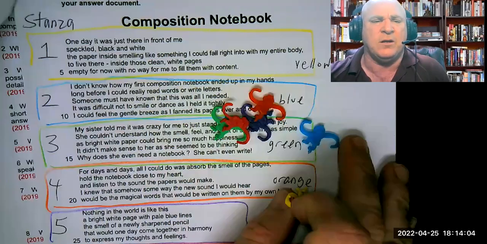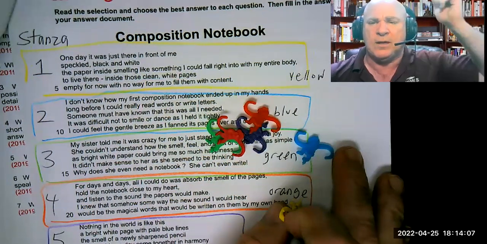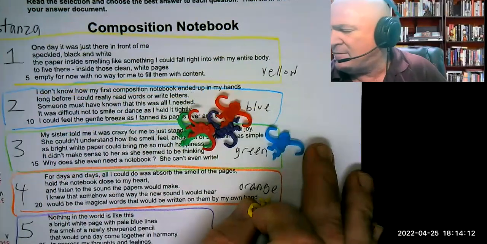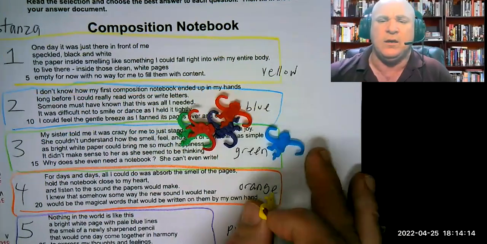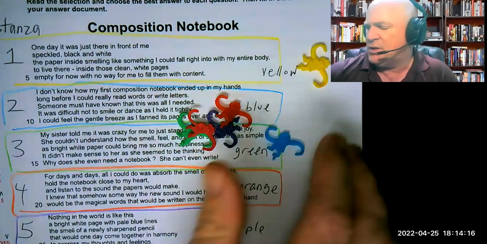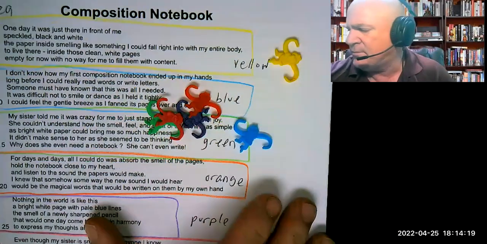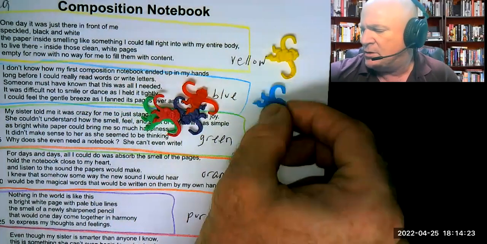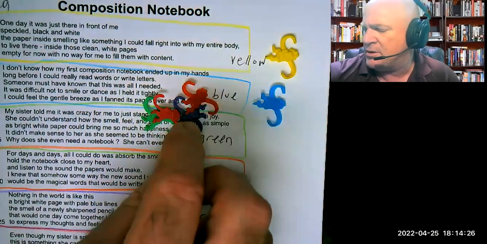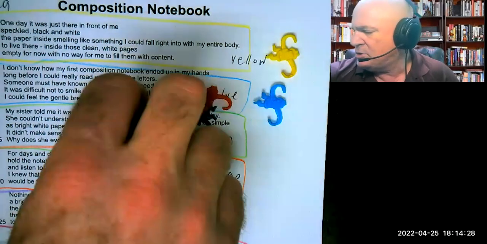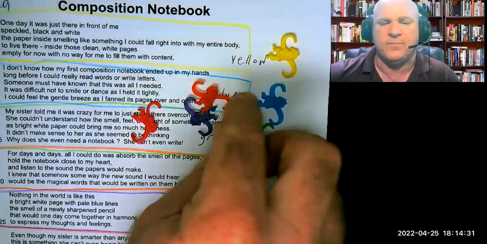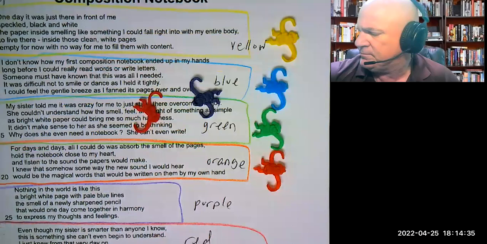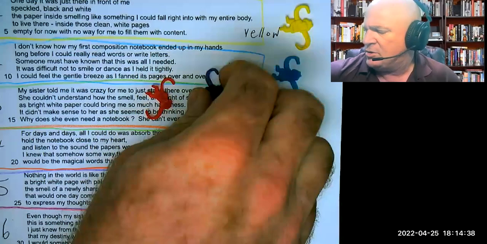Our title is called Composition Notebook, capital C, capital N. So we have a yellow monkey that looks like an S to represent the first stanza, a blue monkey to represent the second stanza, a green one for the third, orange for the fourth, purple for the fifth, and red for the sixth.